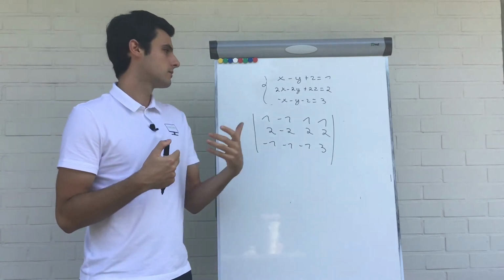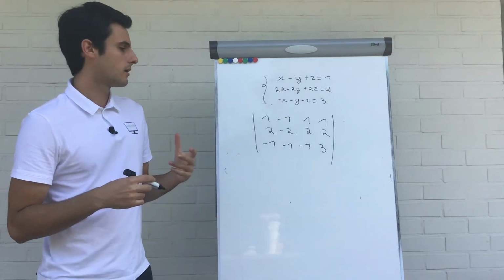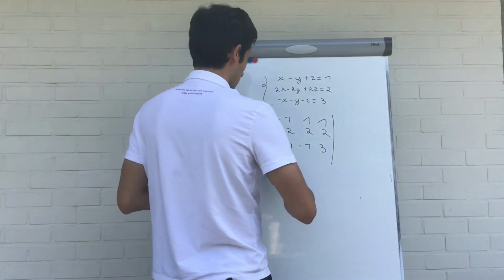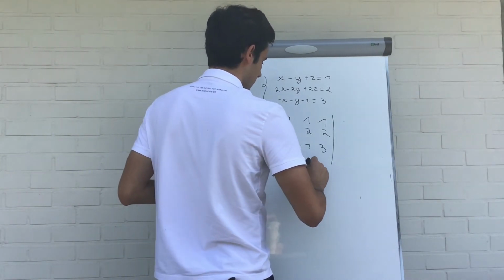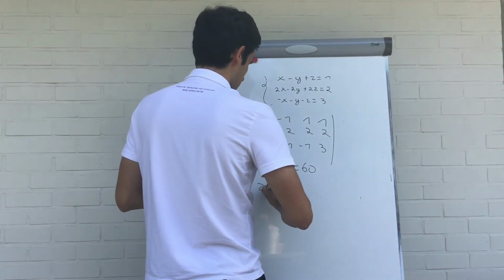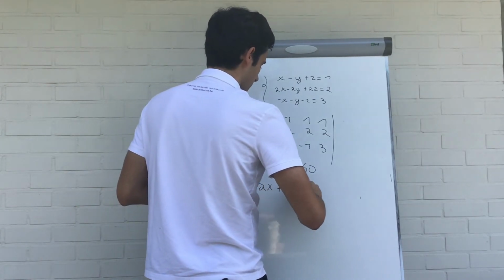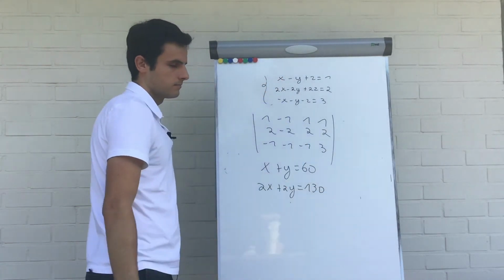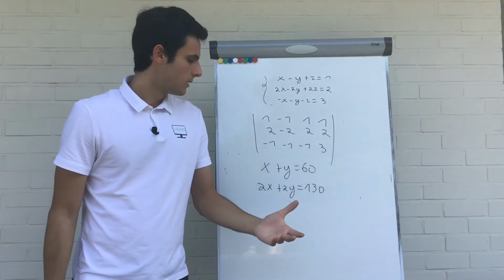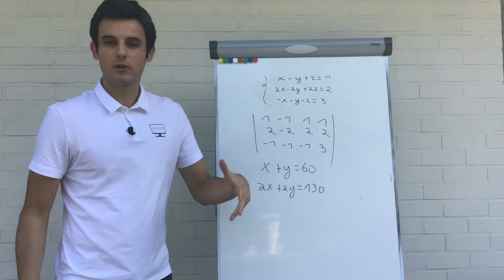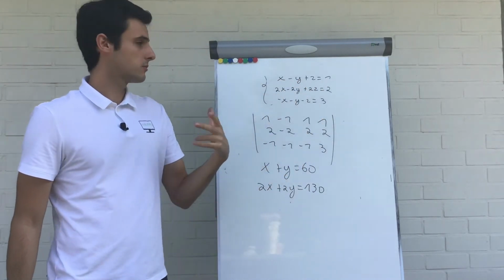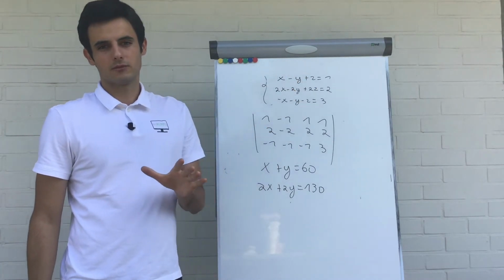For instance, if I say my brother and I, the age of my brother plus my age is equal to 60, so I say x plus y is equal to 60, but I say 2 times my age plus 2 times my brother's age is equal to 130, you see, this isn't correct, because this must be 120 to have solutions.